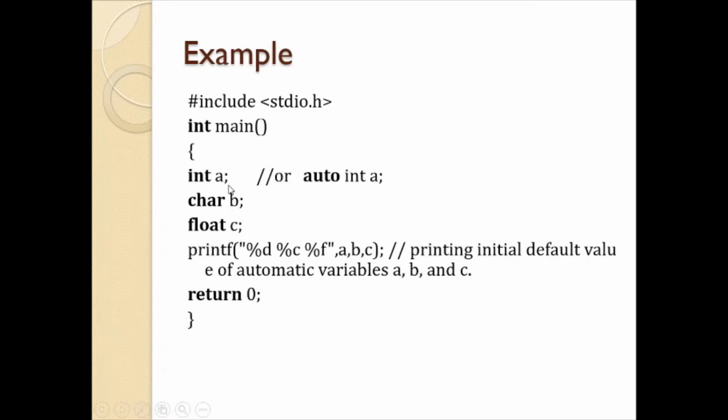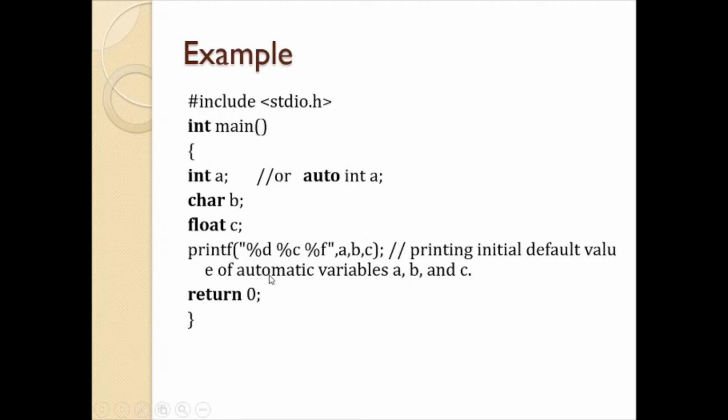Here, int A, if you write it like this, or if you define the same variable with the auto keyword, both are the same. Both are automatic variables only. Here we are trying to print the values of A, B, C, even though we have not assigned any values.